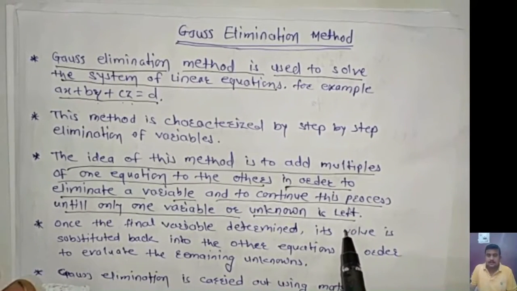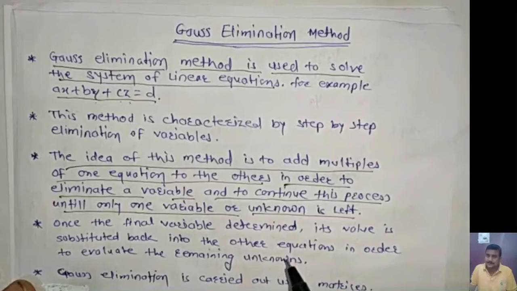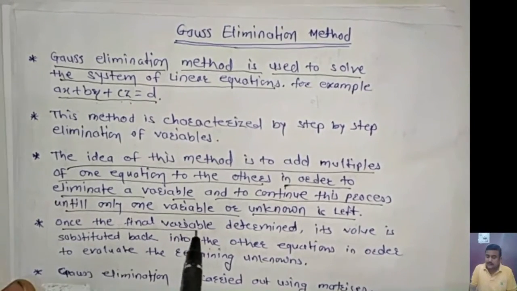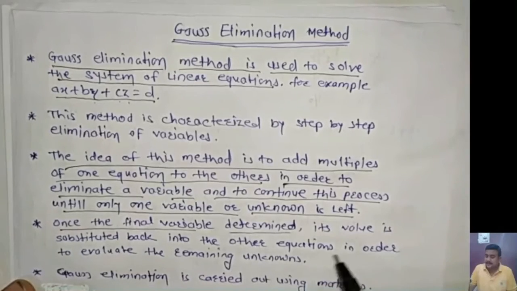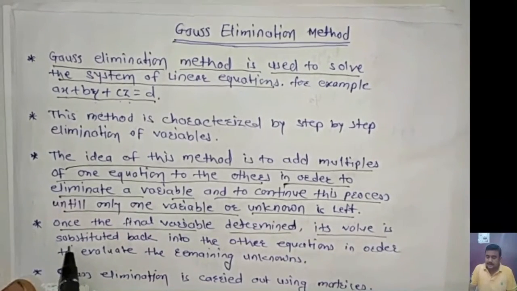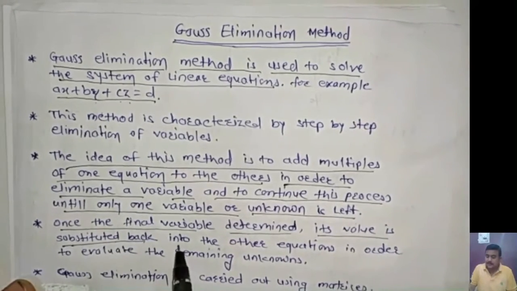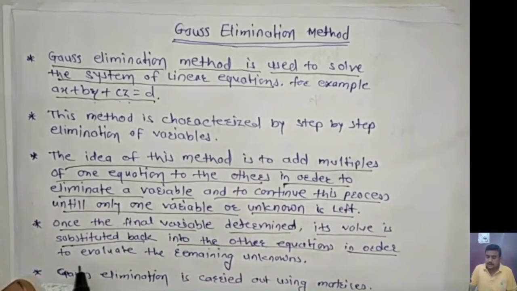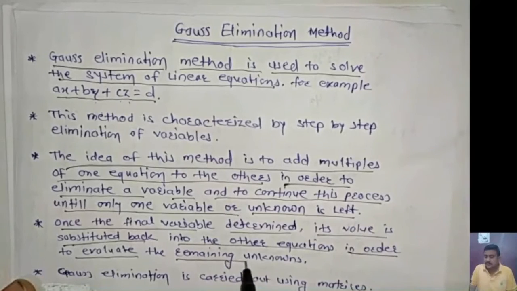This will help us to calculate the values of the next unknowns. Once the final variable is determined, its value is substituted back into the other equations in order to evaluate the remaining unknowns.